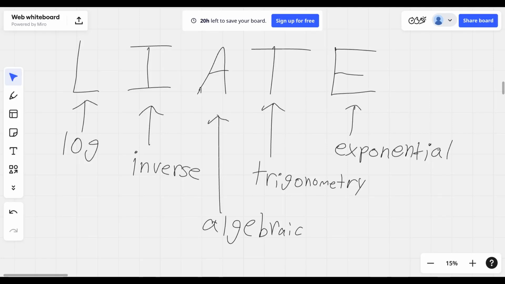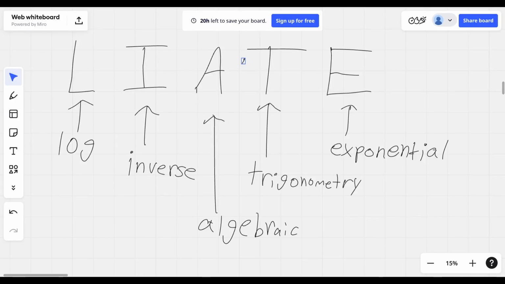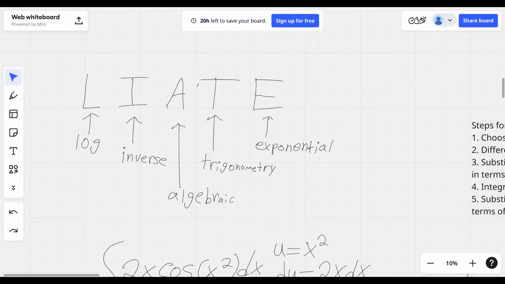So whatever letter is first in LIATE, that's going to be your u sub over the other one. So if you had an algebraic and an exponential, you would pick the algebraic as your u sub, not the exponential, because A is before E in LIATE. And that's how you're going to pick your u sub and make sure you pick the right one.